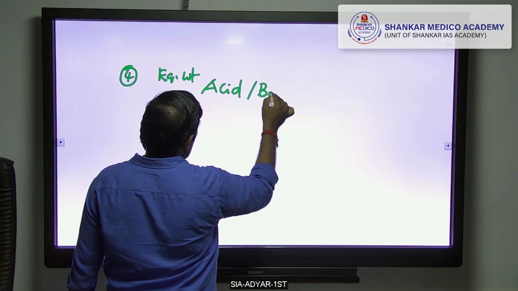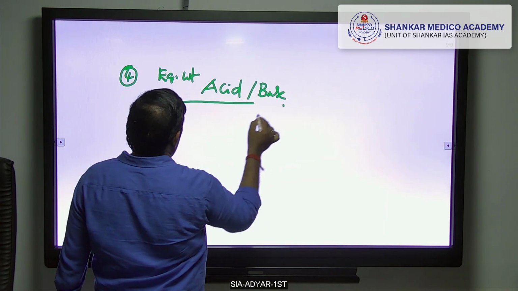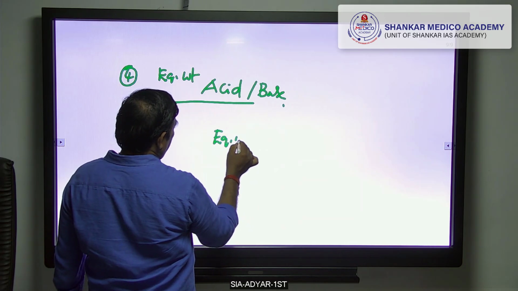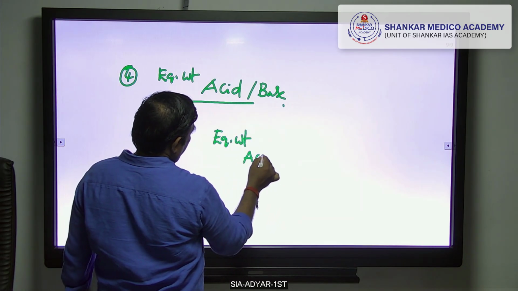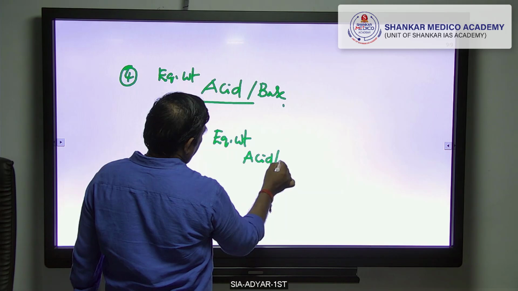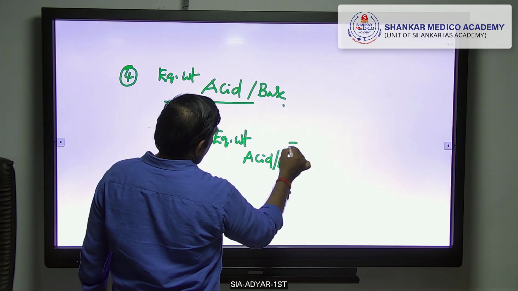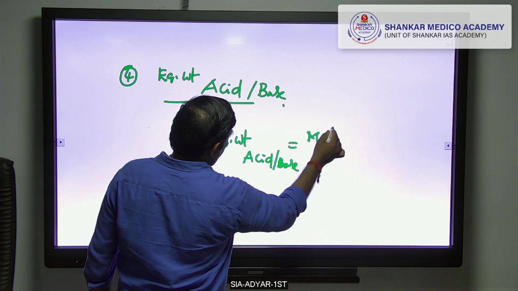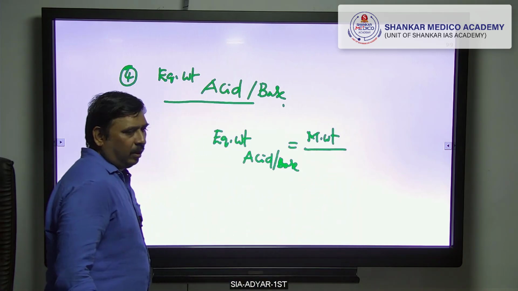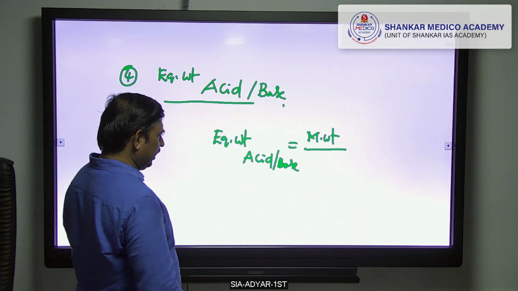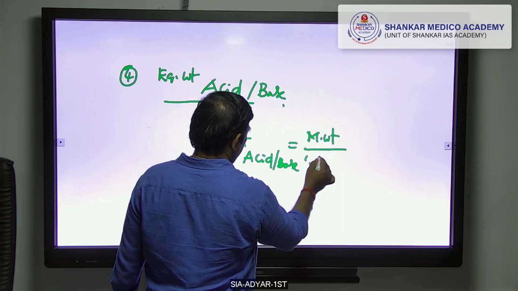How to calculate that? Equivalent weight of acid or base is equal to molecular weight of acid or base upon n factor or valency factor.